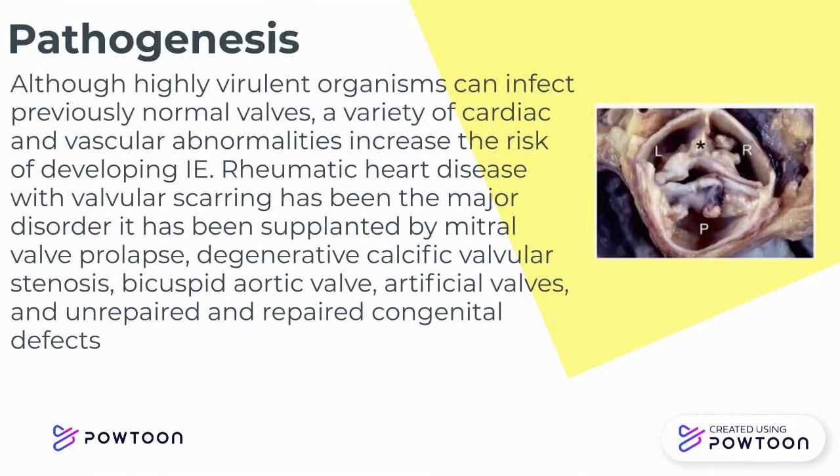Although highly virulent organisms can infect previously normal valves, a variety of cardiac and vascular abnormalities increase the risk of developing infective endocarditis. Rheumatic heart disease with valvular scarring has been a major disorder. It has been precipitated by mitral valve prolapse, degenerative calcific valvular disease, and more.